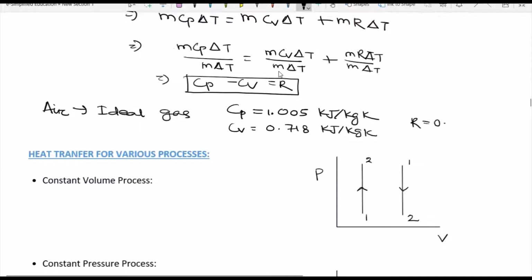R is 0.287 kilojoule per kg Kelvin. And lastly, gamma, the coefficient of the adiabatic process, is 1.4 for air. These are defined for air.